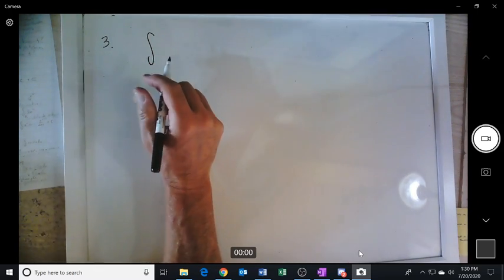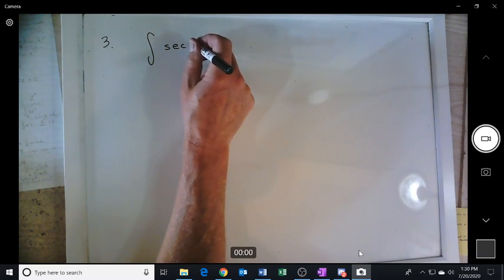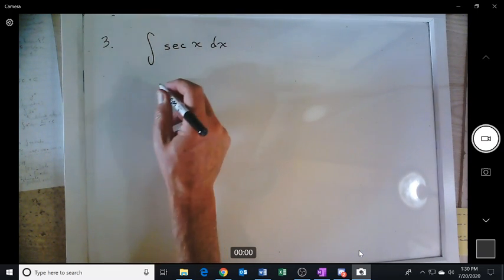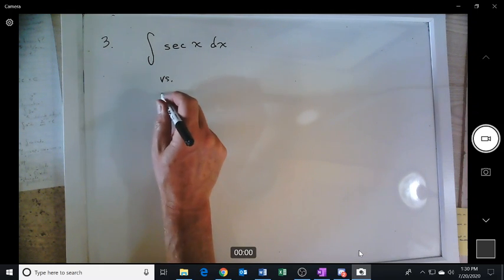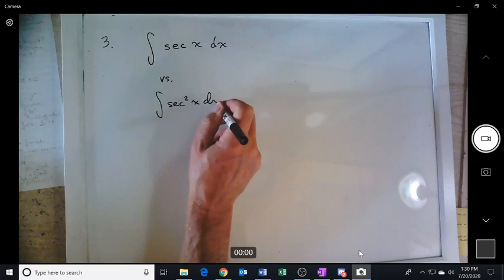I'm going to wind up doing this: the integral of secant x dx versus the integral of secant squared x dx.